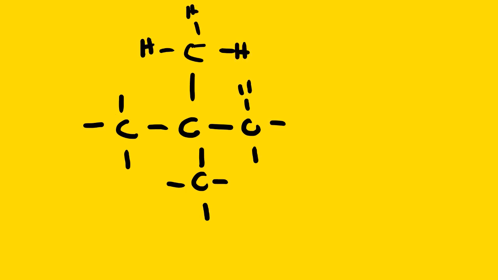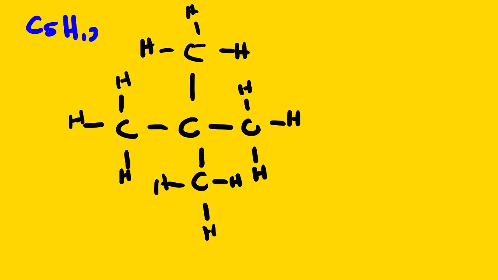Let us see if it will work. We have to count the number of hydrogens and the number of carbons. You can clearly see that carbons, we still have 5 of them. Then also looking at hydrogens, we can see that we have 12 of them. So we still have C5H12.